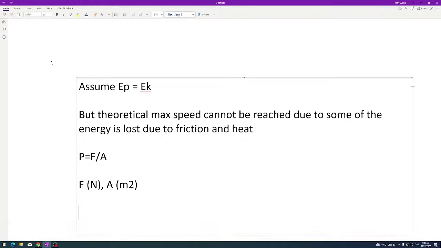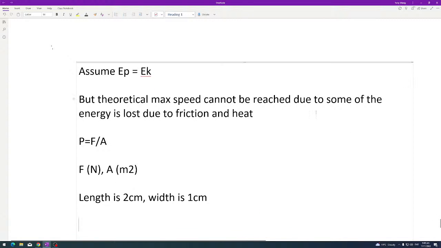In some questions the length is 2 centimeters and the width is 1 centimeter. You need to convert those to meters, then use the meter values to calculate the area. It has to be meters squared, otherwise that's wrong.